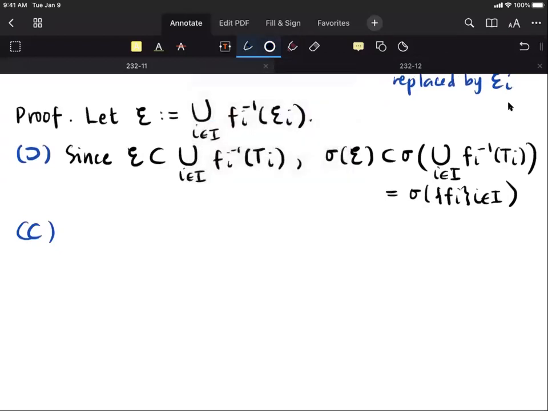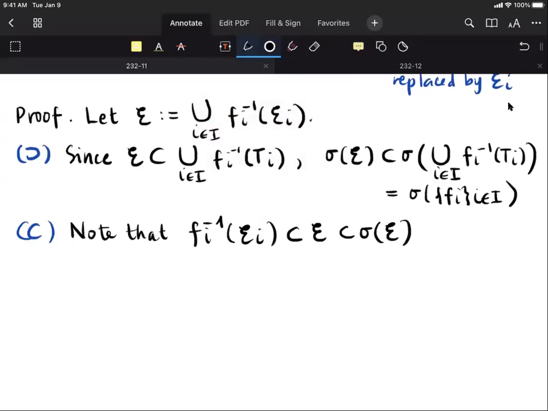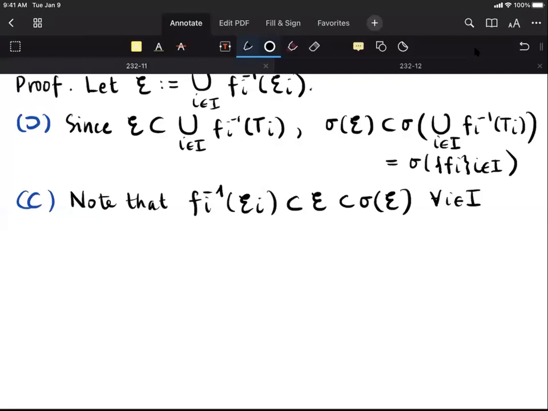For the reverse inclusion, let's start with the fact that the inverse image of a generator is contained in E. And this is a subset of sigma of E, because sigma of E is the smallest sigma algebra containing E. So this is valid for any I in the index set capital I. Taking the sigma algebras on both sides, we have this relation.